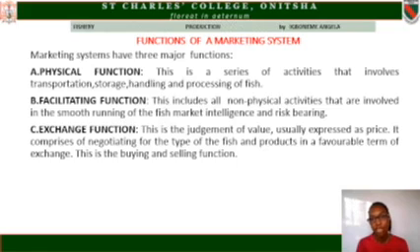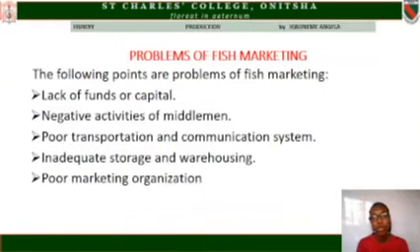This is the judgment of value usually expressed as price. It comprises negotiating for the type of the fish and products on favorable terms of exchange. This is the buying and selling function. Problems of fish marketing.